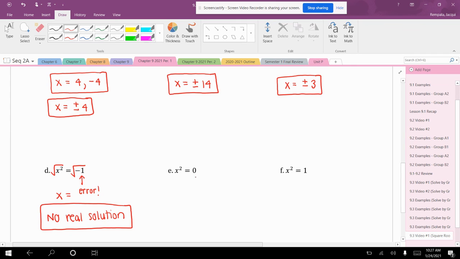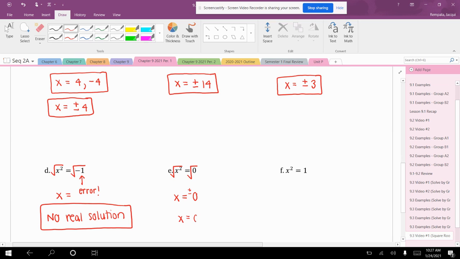So then I want to look at part E. We have x squared equals 0. Once again, this squared term is isolated by itself, which is exactly what I want, so I can take the square root of both sides. So then when I solve, I get x by itself. When I take the square root of 0, I'm going to get 0. Now here's the thing. It's technically plus or minus in front. However, there's no such thing as a positive 0 and a negative 0.